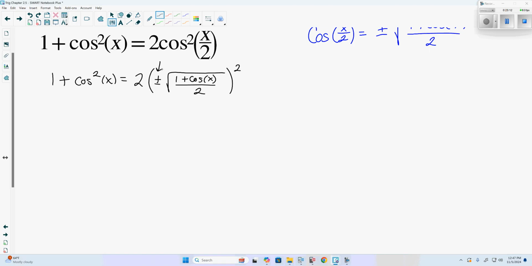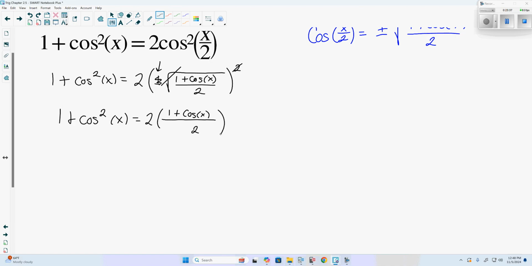If it was negative and we squared it, it becomes positive. So the plus or minus is gone. The square root and square cancel, telling us 1 plus cosine squared of x is equal to 2 times 1 plus cosine of x over 2.